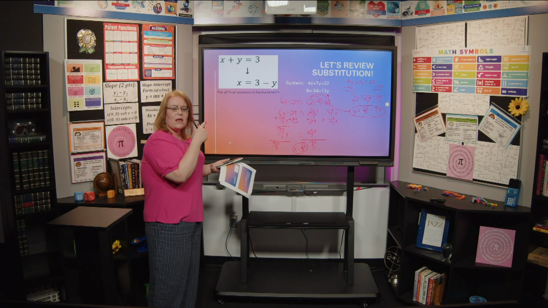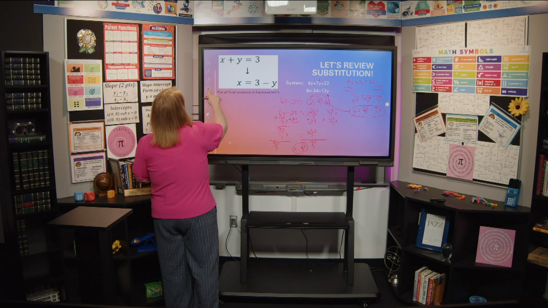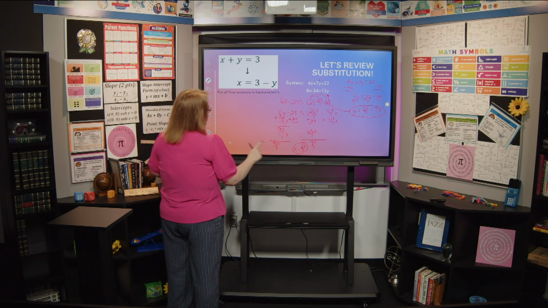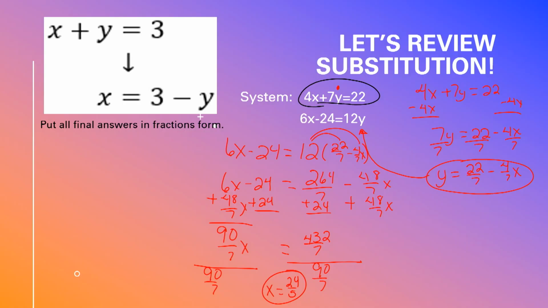Now let's go ahead and plug in my x value to solve for my y. So let's do that. I'm going to use this right here. So 4 times 24 divided by 5 plus 7y equals 22. Let's go ahead and get those parentheses out of the way.